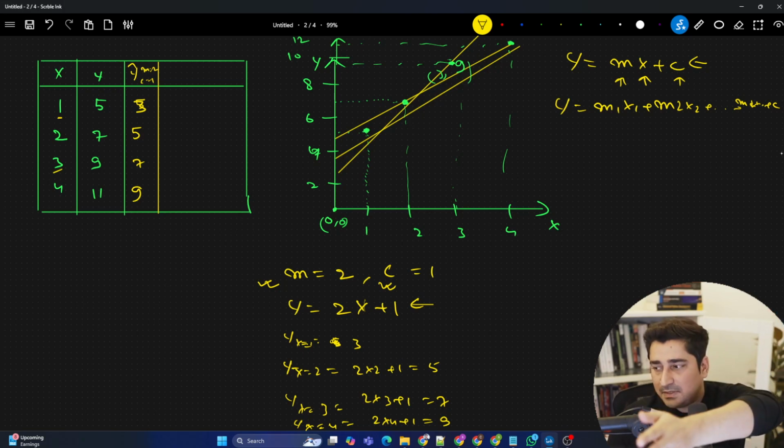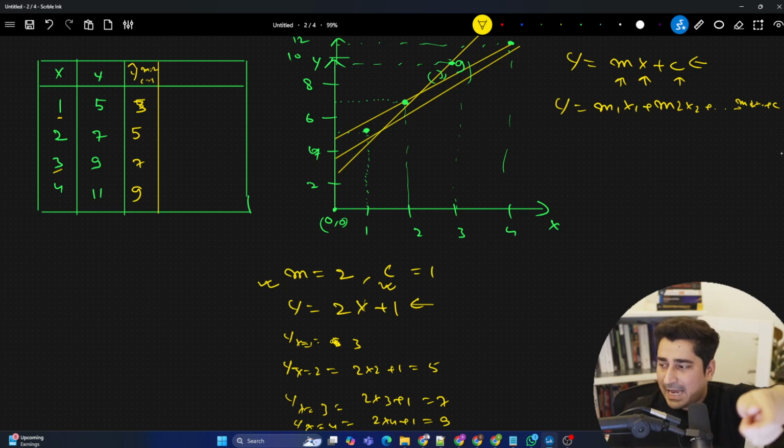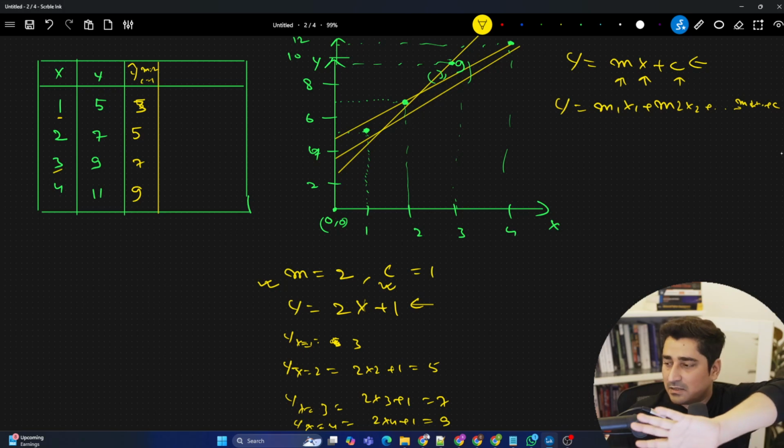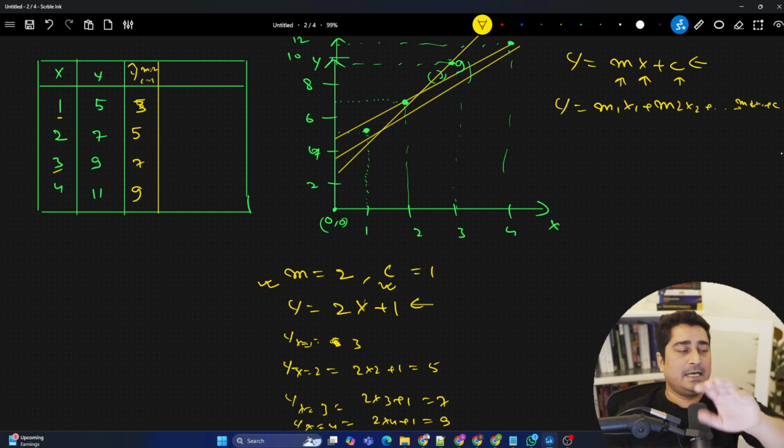It is giving me a different result, which is a deviation from my actual result. Maybe it's nearby, but still it's not perfect at all. It is not able to represent the generalization of this particular data set.